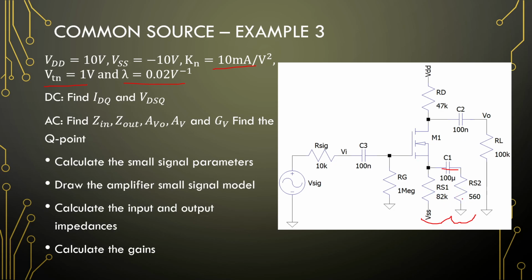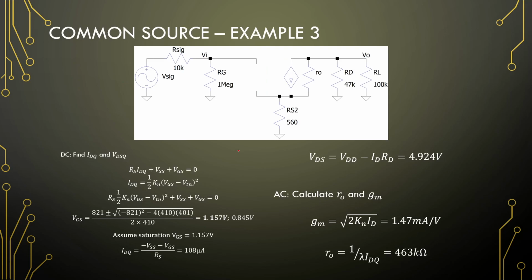However, since RS2 is much smaller than RS1, RS2 will typically be the dominant value right there. Okay, so this model is set up with the assumption that, with RS2 being dominant, that is the only resistor we need to include in this model.